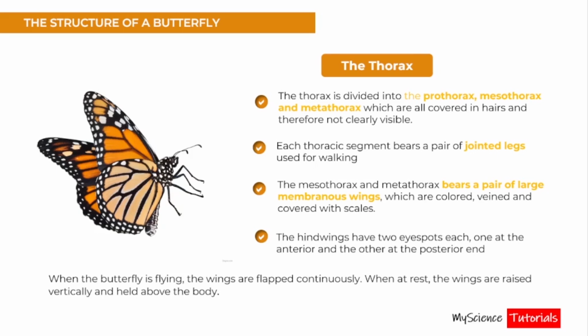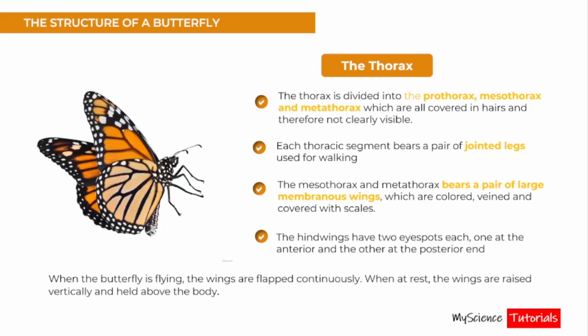Now let's look at the thorax of a butterfly. So the thorax is divided into the prothorax, the mesothorax, and the metathorax, which are all covered in hairs and therefore not clearly visible. Each thoracic segment bears a pair of jointed legs used for walking. The mesothorax and the metathorax bear a pair of large membranous wings, which are colored, veined, and covered with scales.